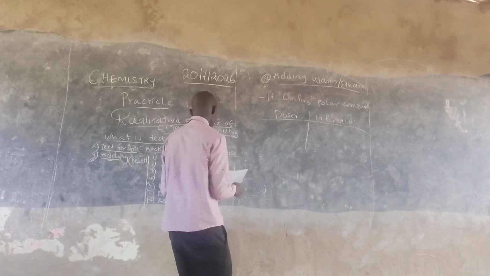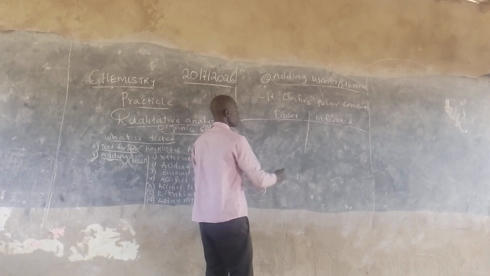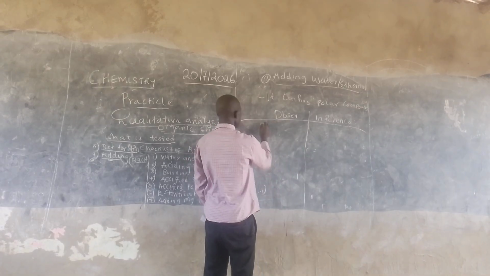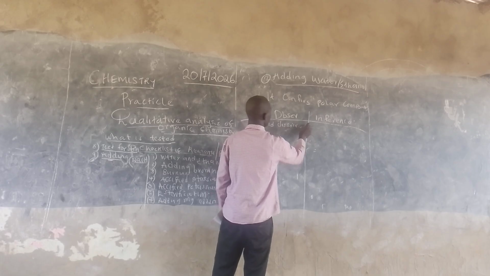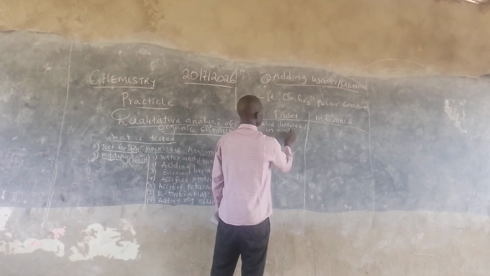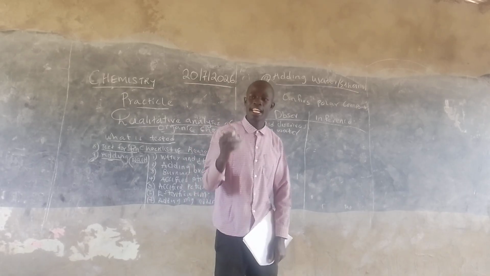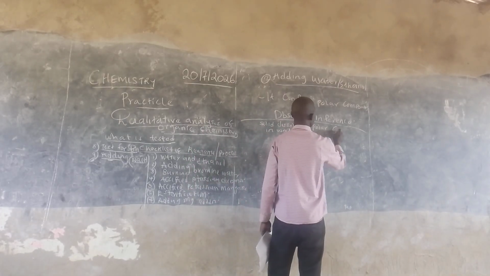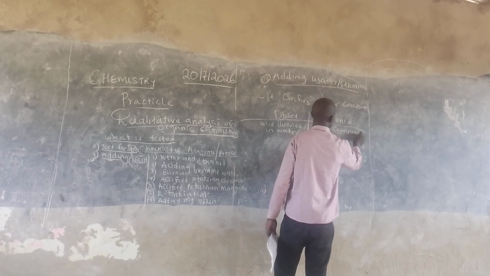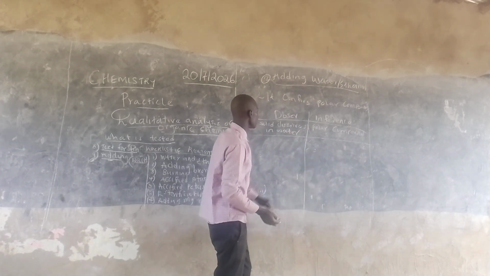Observation number 1: the solid dissolves in water to form a colorless solution. It can be the solid or the solution. That means it is a polar compound. That is observation number 1 you can get in the laboratory, given water.